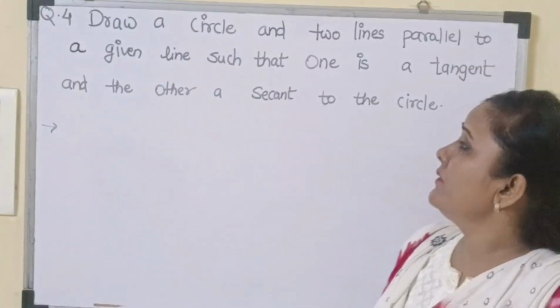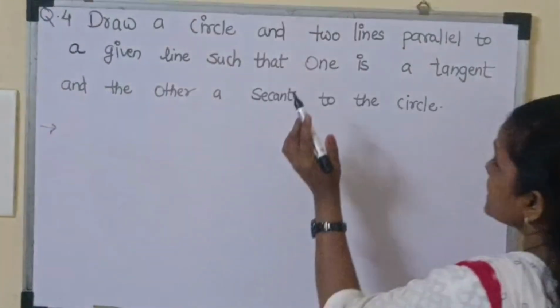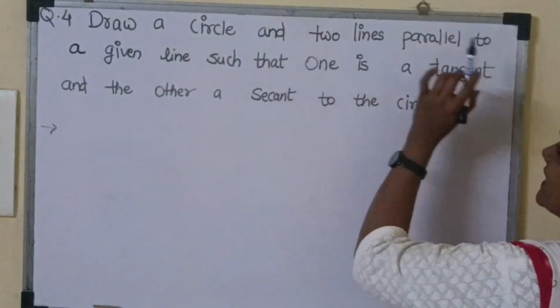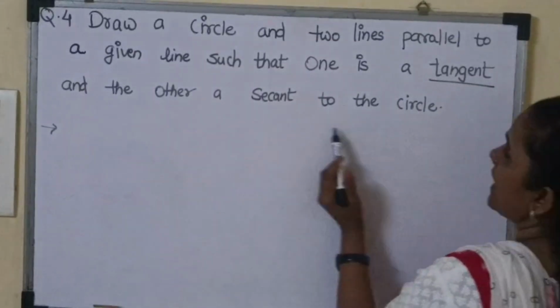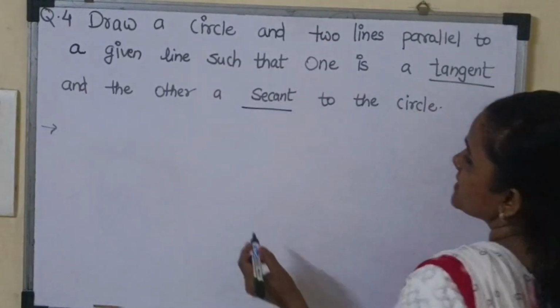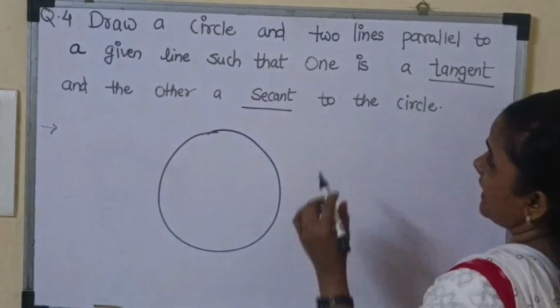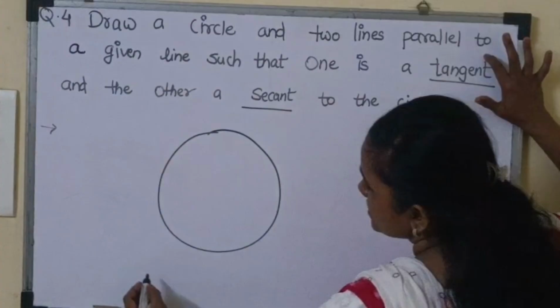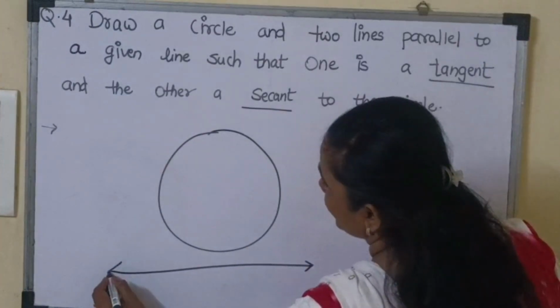Now from 10.1, the last question, number 4. Draw a circle and 2 lines parallel to a given line such that one is a tangent and the other is a secant. That means you have to draw a circle and a parallel line. So for that I am drawing the line, only a line.